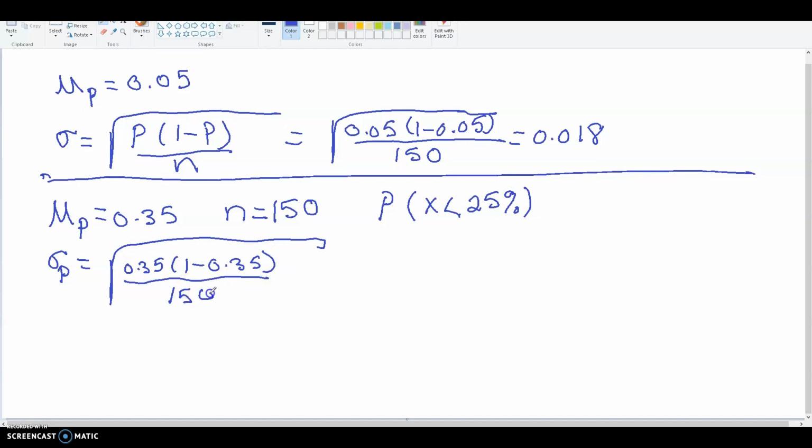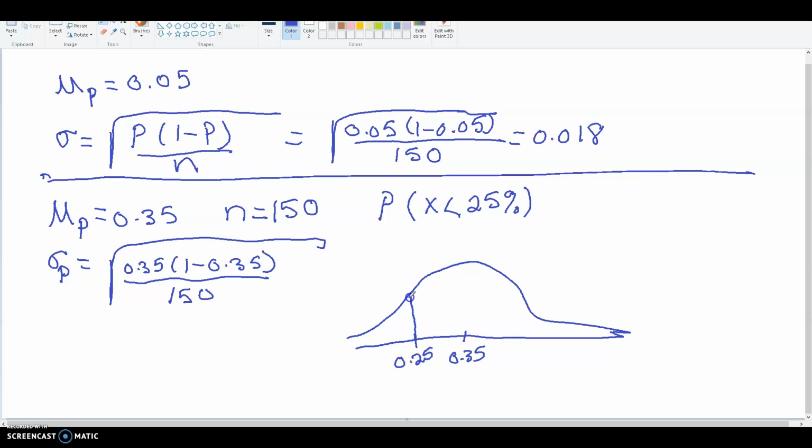Now, if we draw this problem out, in the middle here we've got 0.35. That's your mean. And we're doing less than 25%, which is going to be over here, 0.25. For less than, remember we shade in this direction. That's what we're looking for. What's the probability of landing in that area?